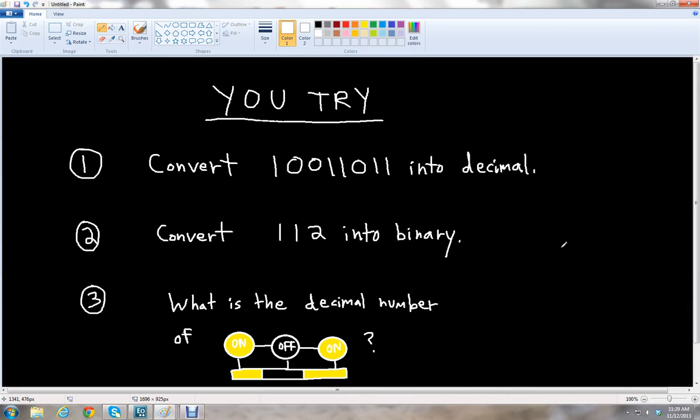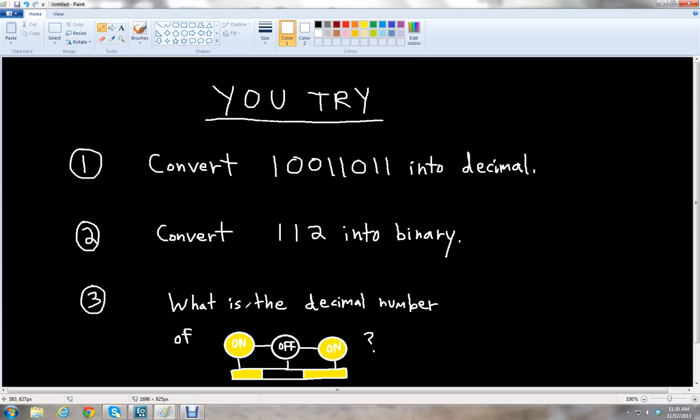Okay, so I have 3 problems for you to try. The first problem asks you to convert 1, 0, 0, 1, 1, 0, 1, 1, this binary number, into a decimal number. Then convert 112, this decimal number, into a binary number.